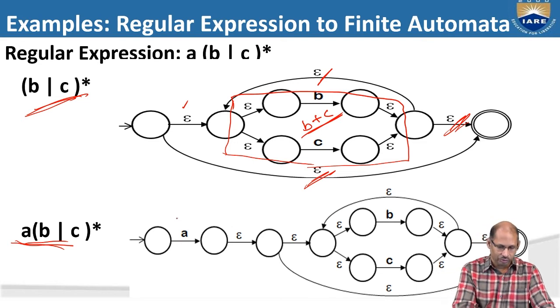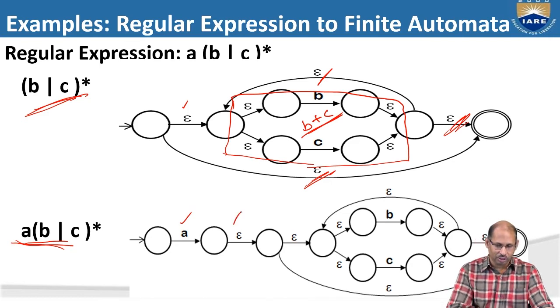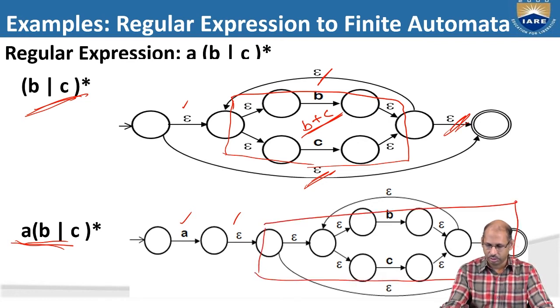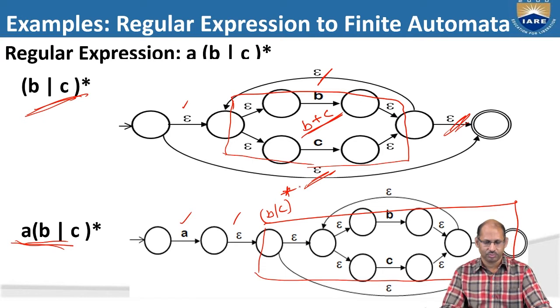So we are writing A, connecting with epsilon to this B union C closure.